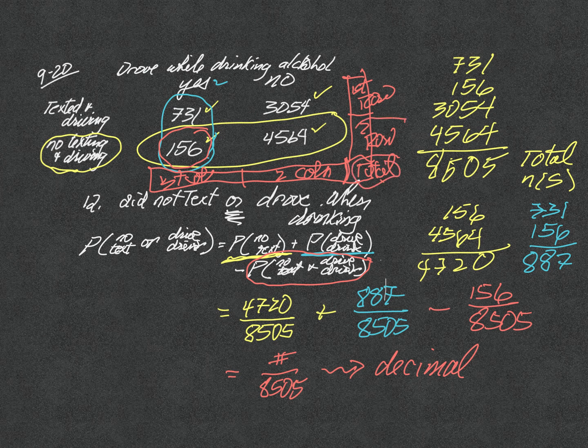And we use the second row for the first probability, no texting. And we use the first column where you actually drink and drive. And so that would be one way to do this problem: you just get the row and column totals ahead of time, or you can do them separately like I did here.